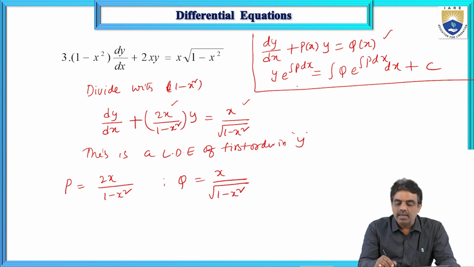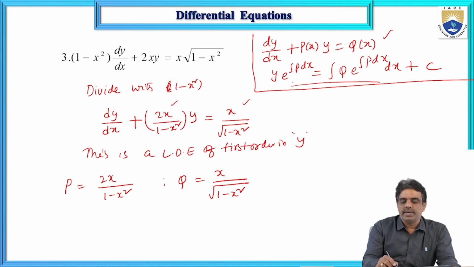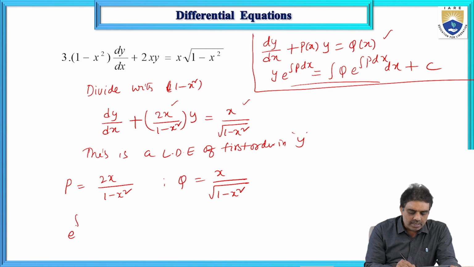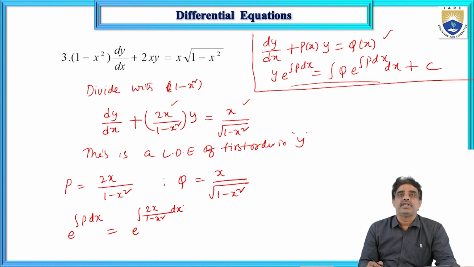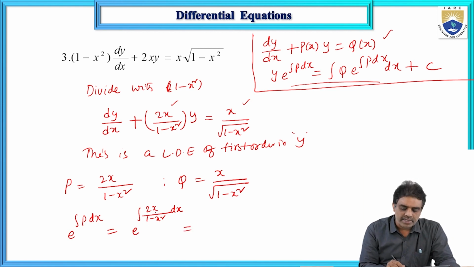Now to write the solution, our requirement is e power integral p dx also. So I calculate e power integral p dx, that is e power integral 2x divided by 1 minus x square of dx. So if you differentiate the denominator, you'll get minus 2x.